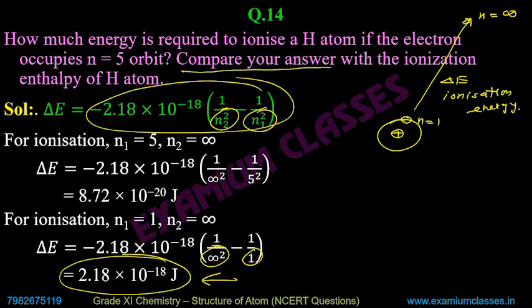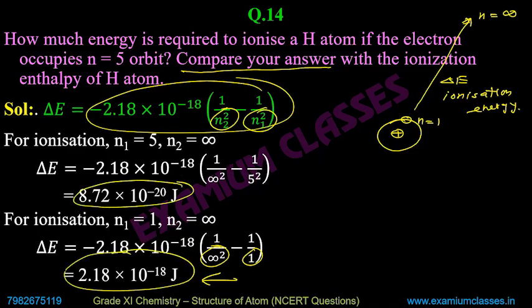Compare your answer. To compare, we'll find the ratio. Find the ratio, and which one is greater? This one is greater. So for that, you will write the ionization enthalpy of hydrogen atom divided by the other. There is a better way when you solve an examination. Normally, instead of writing delta E, write it as delta E 5 to infinity and delta E 1 to infinity.